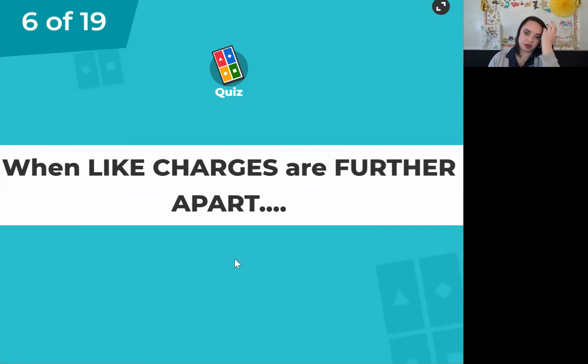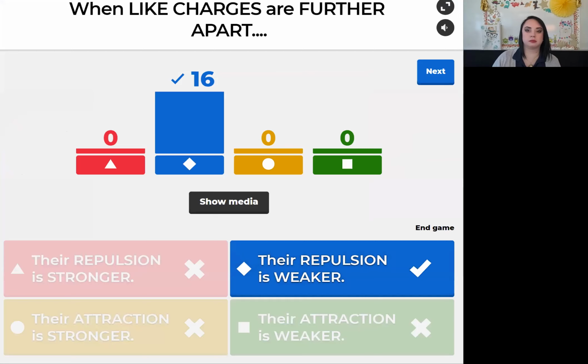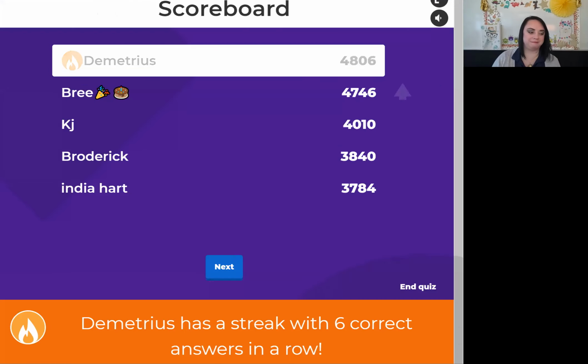And if these like charges are further apart, good. Their repulsion will be weaker.